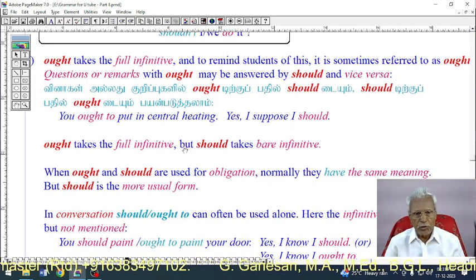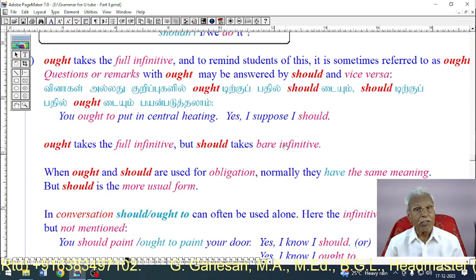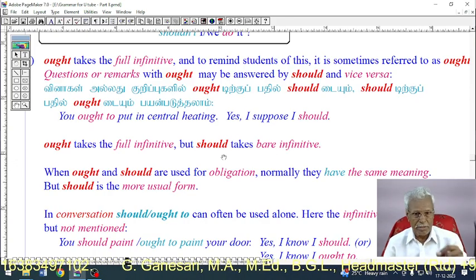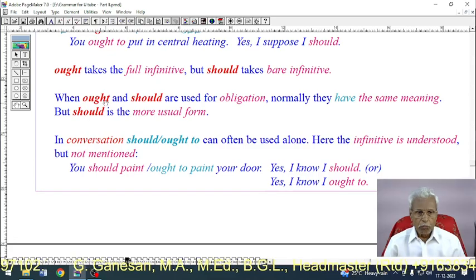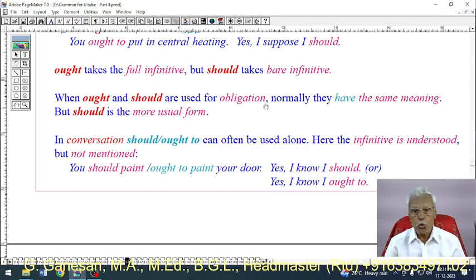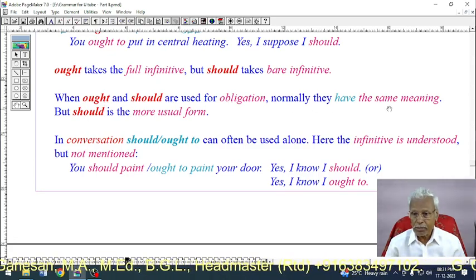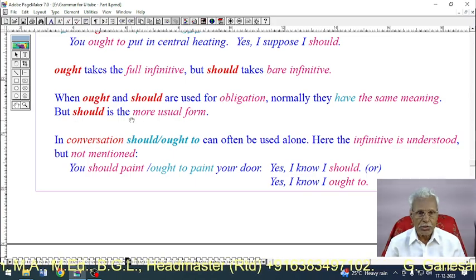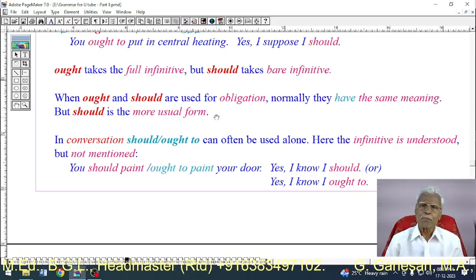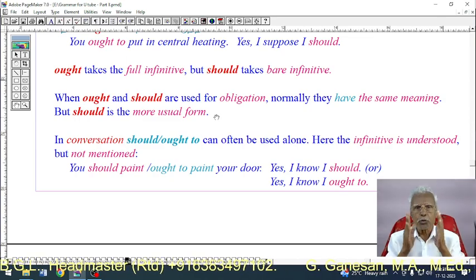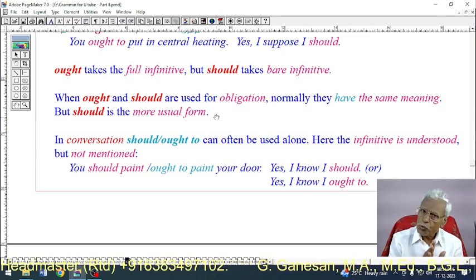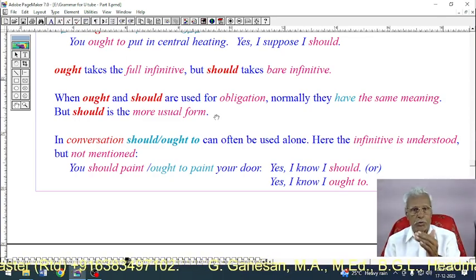Ought takes the full infinitive, but should takes the bare infinitive. That I have already explained. When ought and should are used for obligation, normally they have the same meaning, but should is the more useful form. That is, for obligation, there is duty. You can use either ought or should.